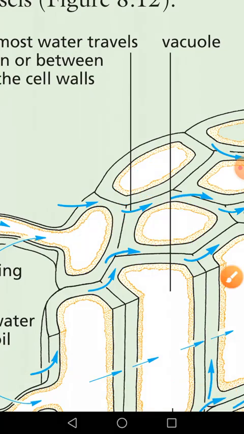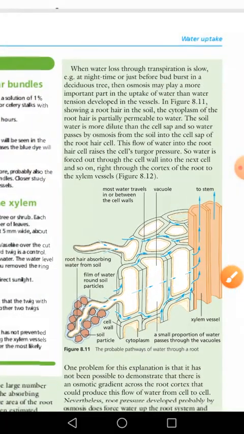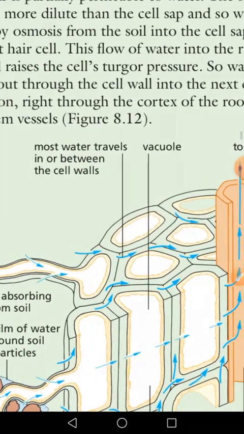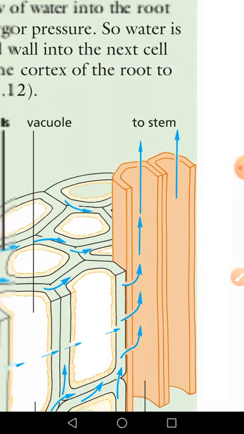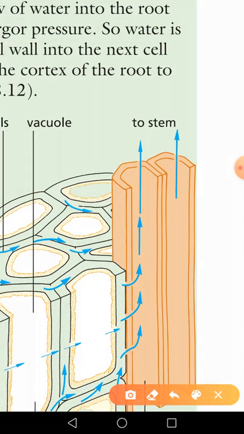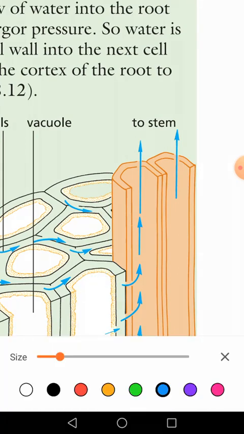So, this process continues until water reaches the xylem. This is the cortex cell. Again the ions from the cortex cell move into the xylem, which increases the concentration of salt in the xylem, and so decreases the water potential inside the xylem vessel.